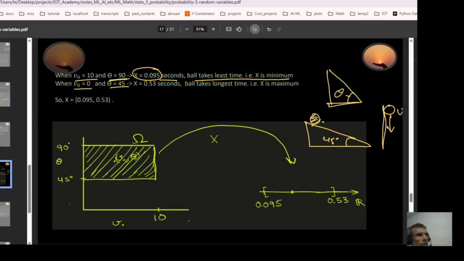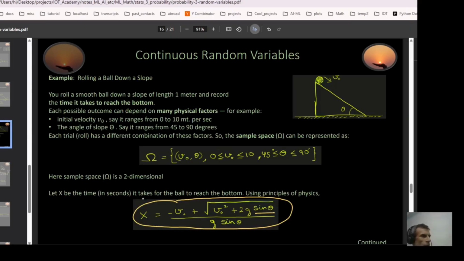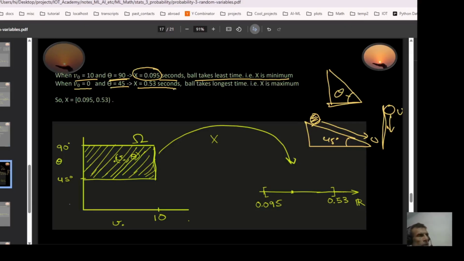So this time when the ball reaches the bottom, it took around 0.53 seconds. How do I know? Again from the formula right here. I'm just substituting v0, g, and sine theta, and it gives me the answer right here. So it took 0.53 seconds. In other words, my x in this case is going to go from 0.095 all the way up to 0.53. So this is the range of my x.